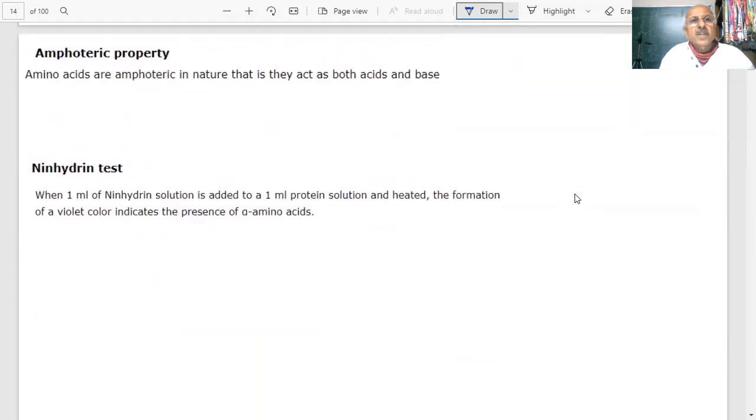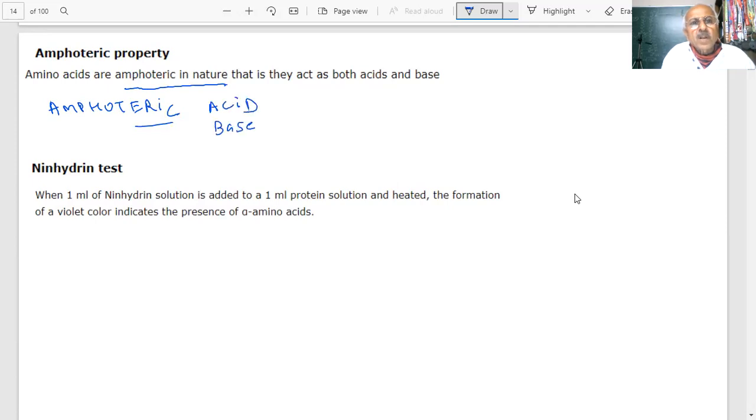A few more interesting things. Amino acids are amphoteric in nature. Why are they? What do you mean by amphoteric? I use it so much in chemistry. What is amphoteric, students? Which can show both acidic and basic behavior. Okay. It can act as an acid. It can act as a base.